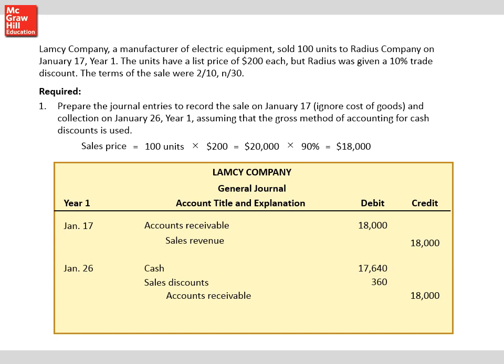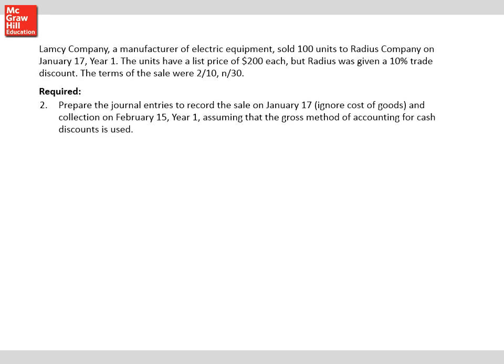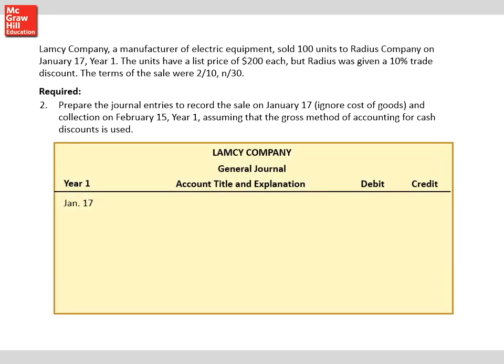What happens if Lamsey uses the net method? In the second part, Lamsey sells again the 100 units, $200 each to Radius, giving them a trade discount. What happens under the gross method if the sale is recorded on January 17th?